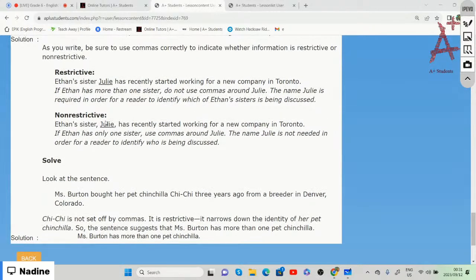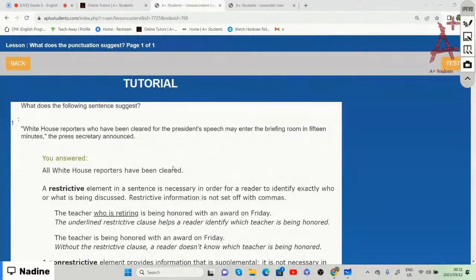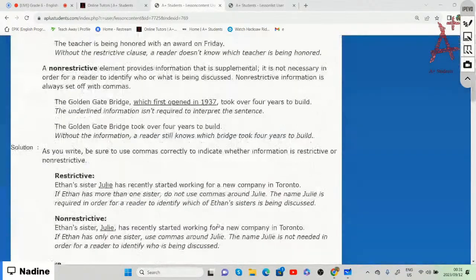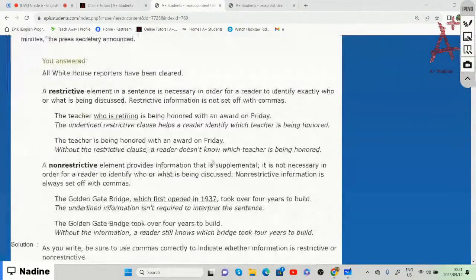All right. So that is basically restrictive and non-restrictive elements, right? With restrictive elements, the information is necessary in order for a reader to identify exactly who or what is being discussed, and is not set off by any commas. A non-restrictive element provides information that is supplementary, which is not necessary in order for a reader to identify who or what is being discussed.